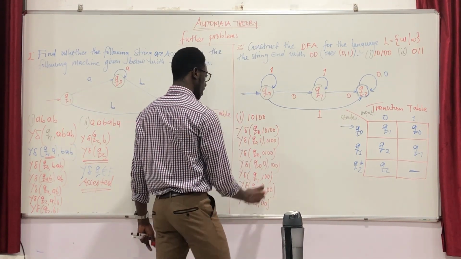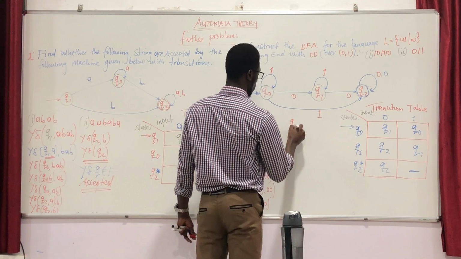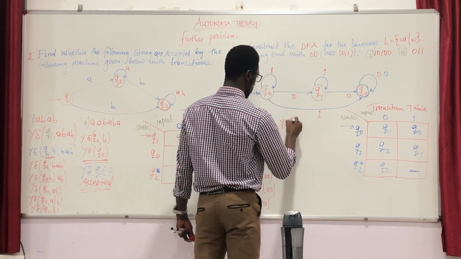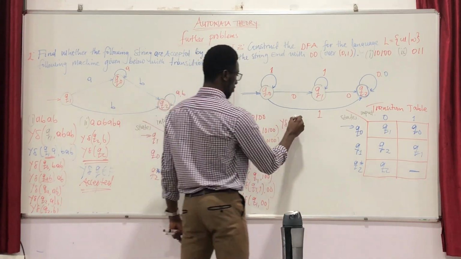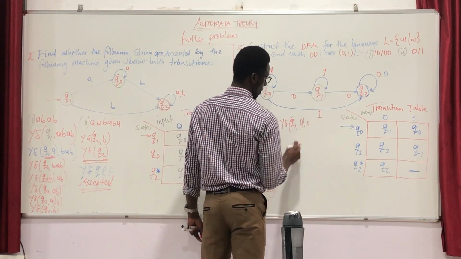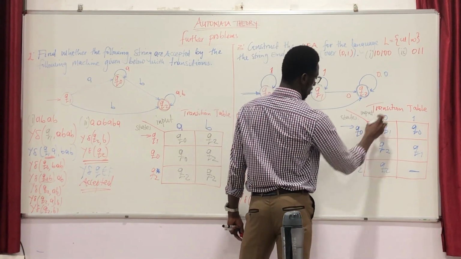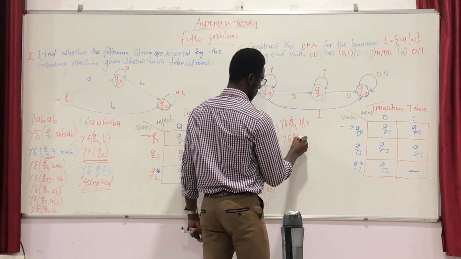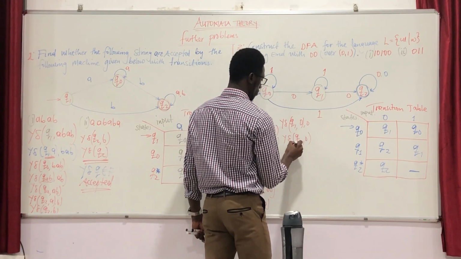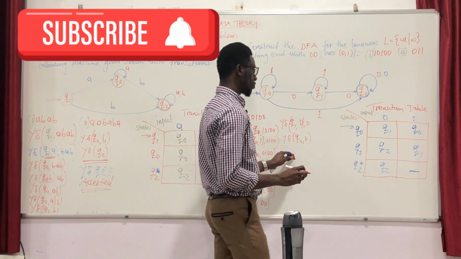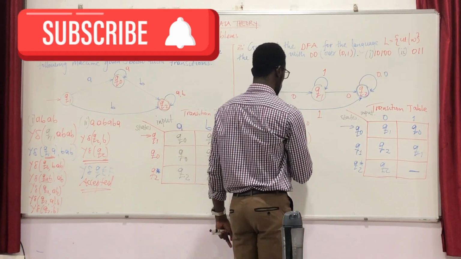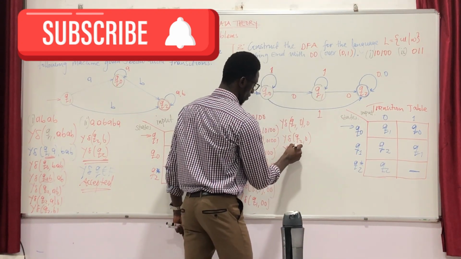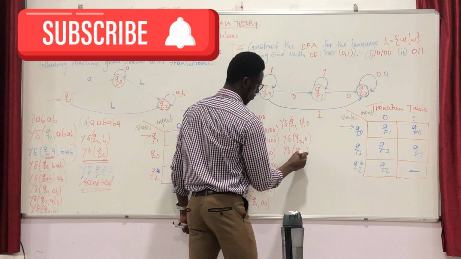Now Q1 on 0 is Q2, so Q2, comma, 0. Q2 on 0, as you can see here, is Q2.